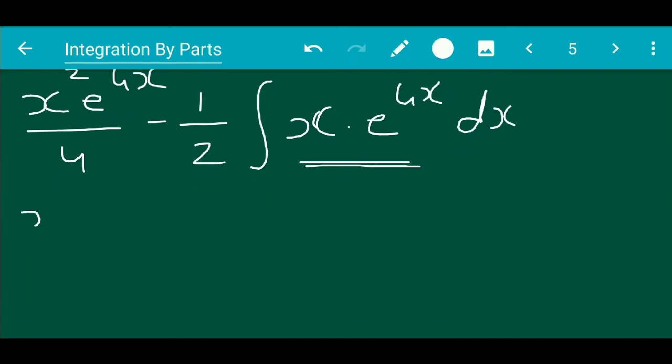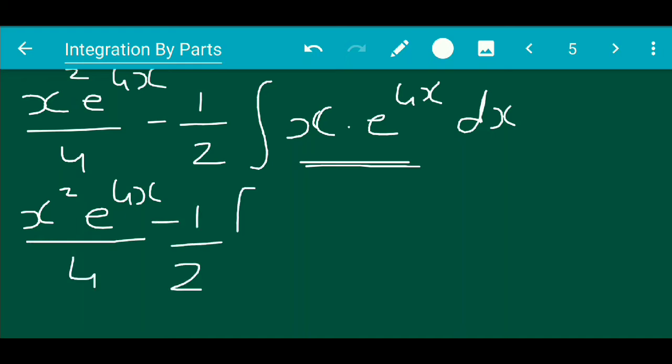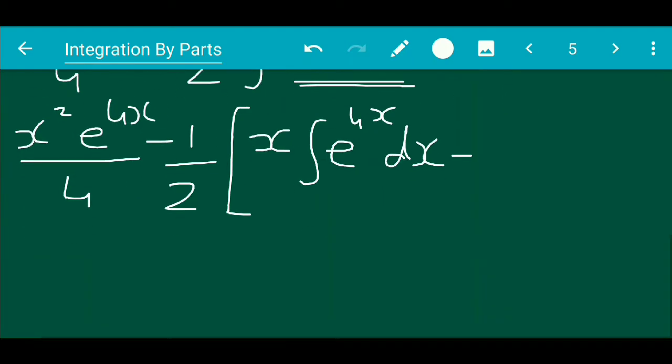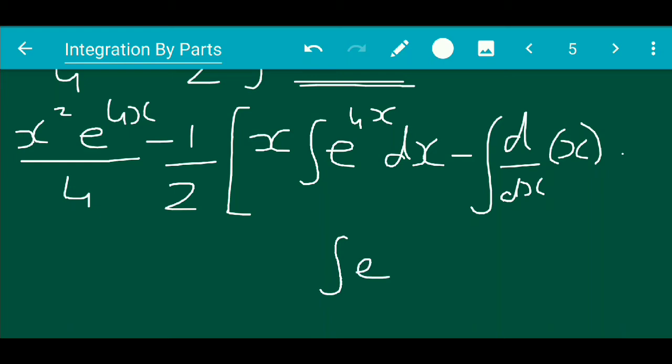So thus we write the first term as it is minus, let the half remain as it is once again, and in the bracket we take u into v in the same way, that is x, the integral of e raised to 4x dx minus the integral of d dx of x into the integral of e raised to 4x dx, the whole into dx.